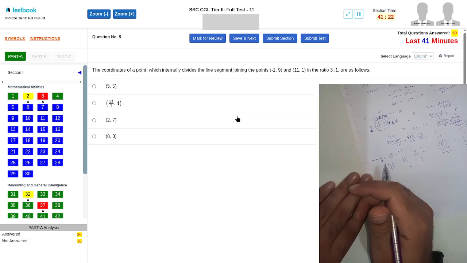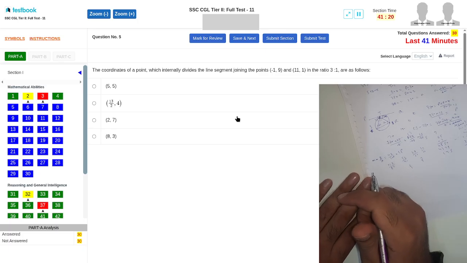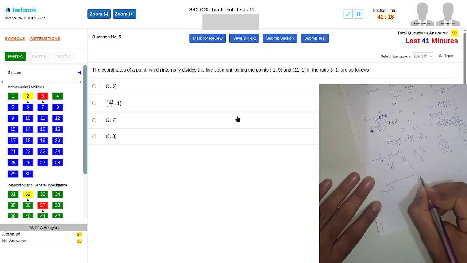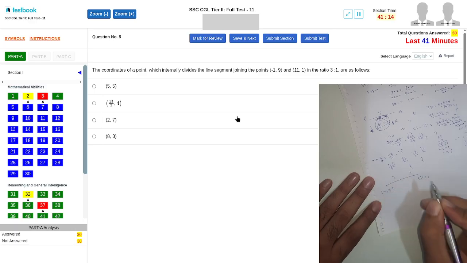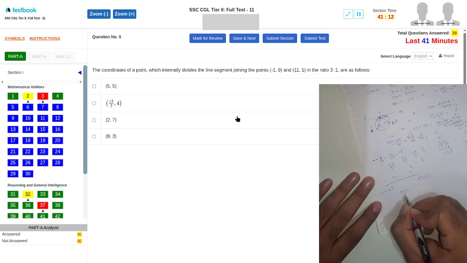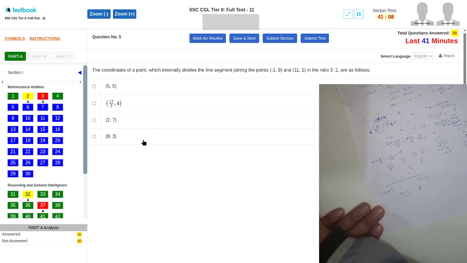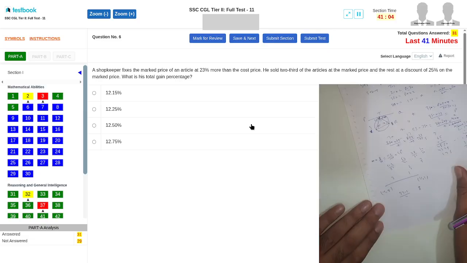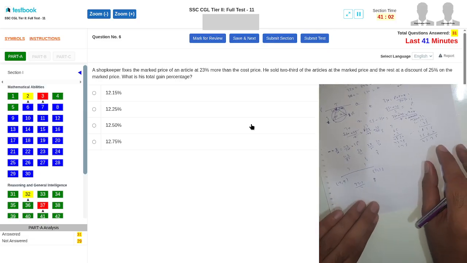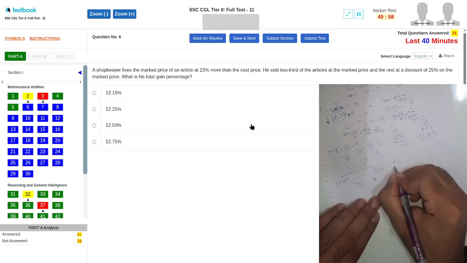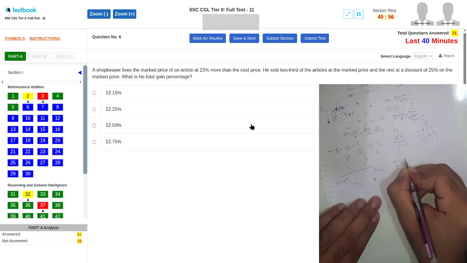The shopkeeper fixes the marked price at 23 percent above CP.